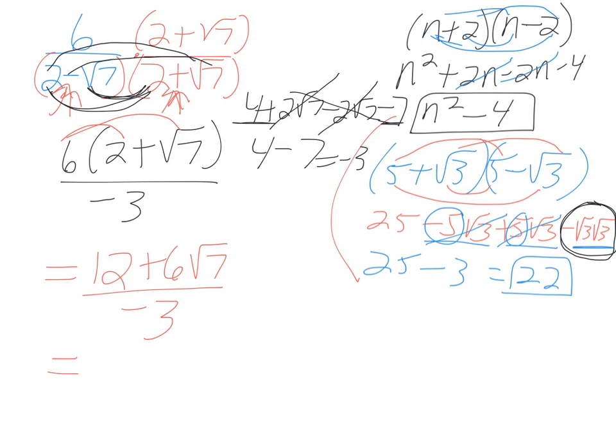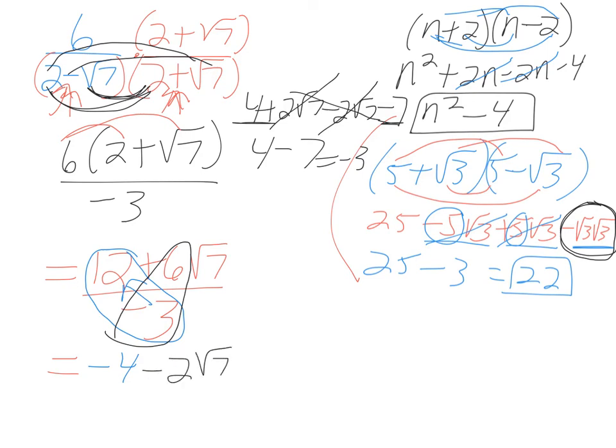And since 3 will go into 12 4 times, that'd be negative 4. All I'm doing is simplifying that. You learned that when you learned fractions. 12 over negative 3 simplifies to negative 4. And this one does too. Negative 3 and the 6, just looking at that, simplifies down to negative 2.